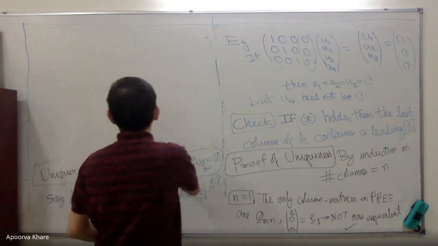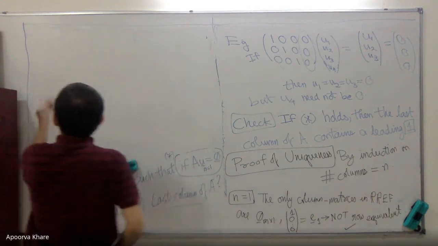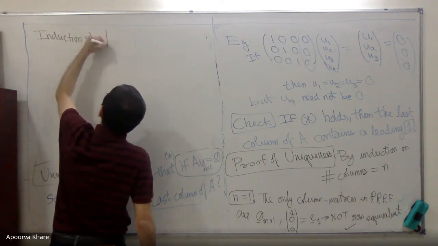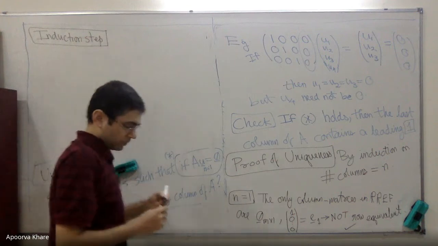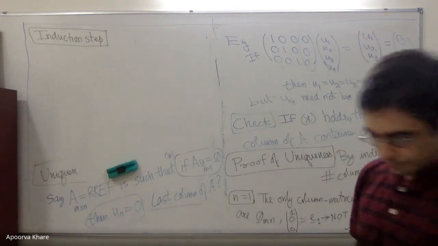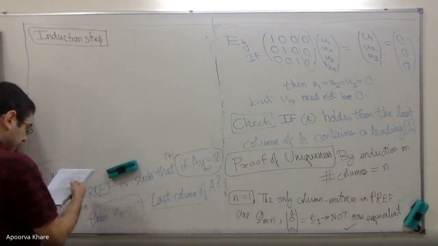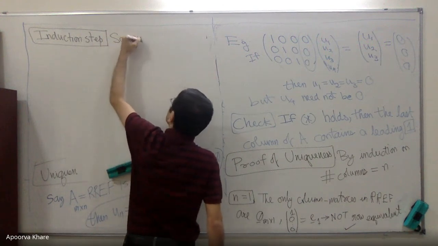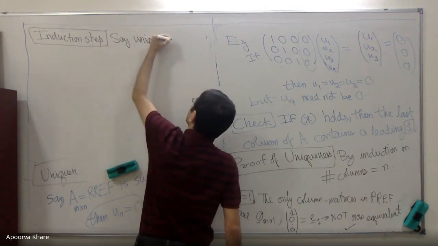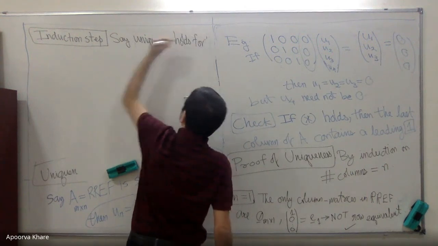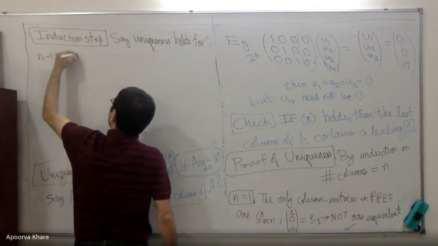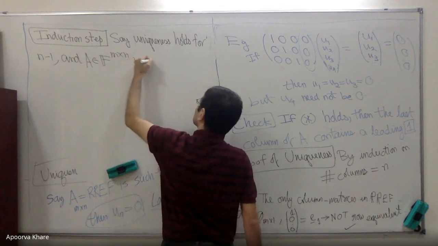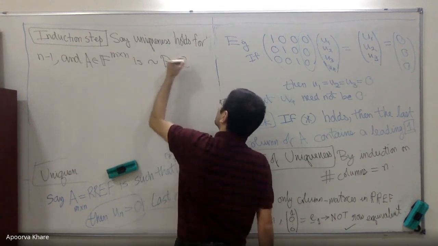For the induction step, let's say the result, uniqueness, holds for n minus 1, and A, which is in F to the m cross n, is row equivalent to B and C, both RREF.